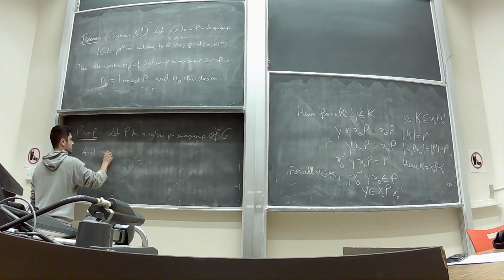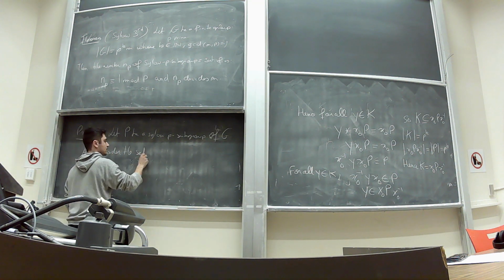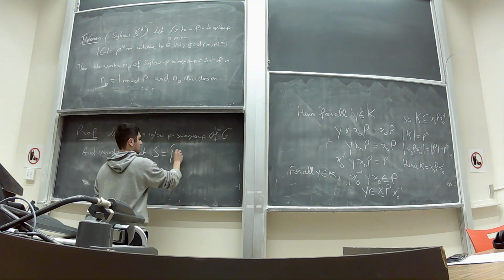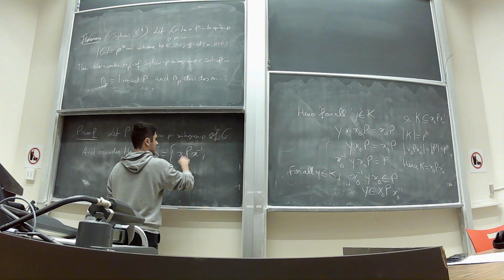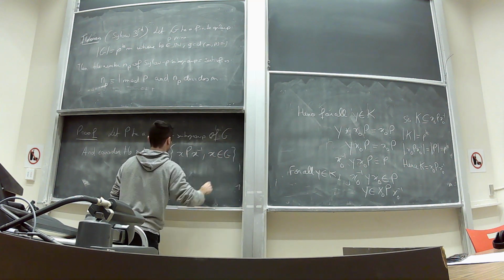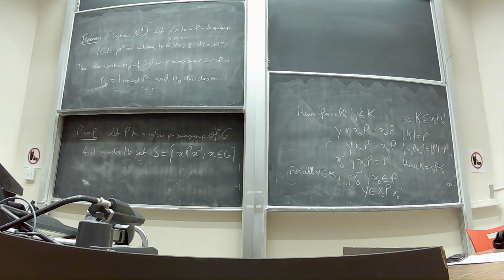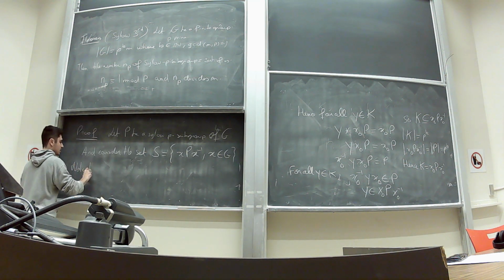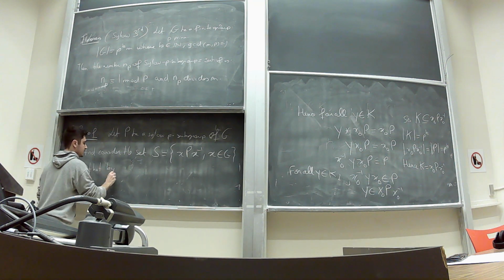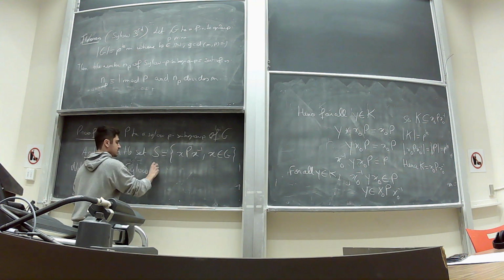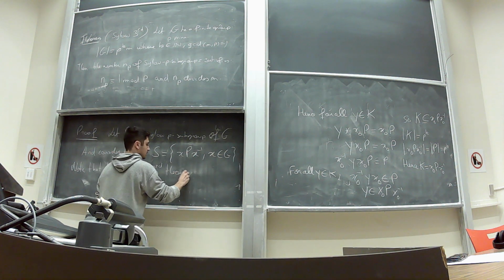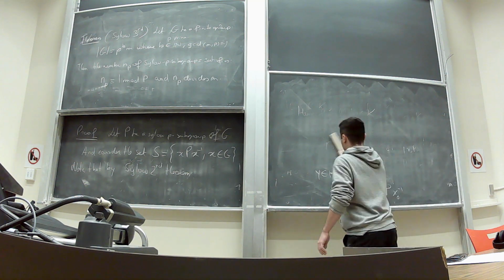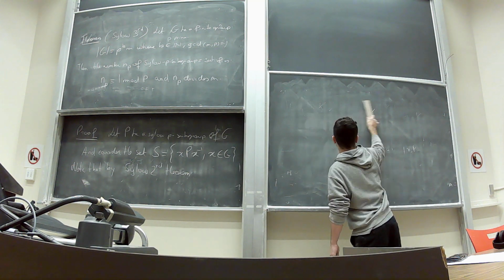And consider the set S of xPx inverse as x is in G. Note by Sylow theorem 2, the Sylow second theorem, S consists of all Sylow p-subgroups, because all of them are conjugate to each other.